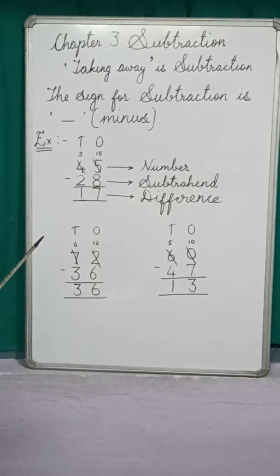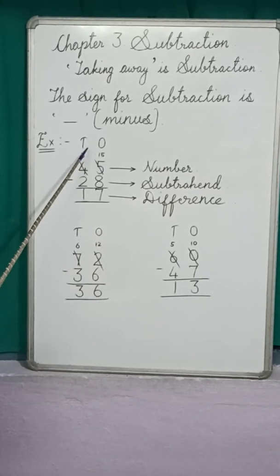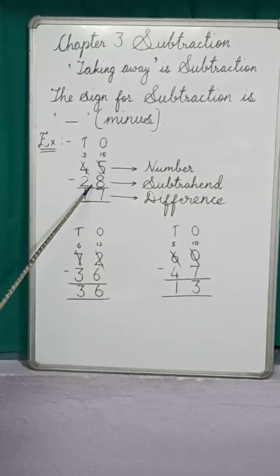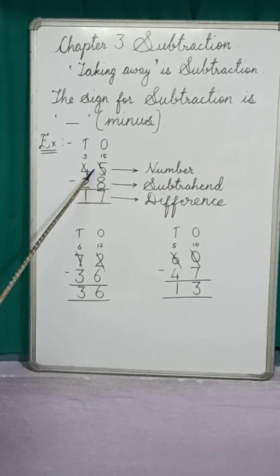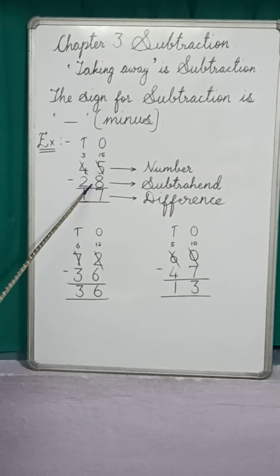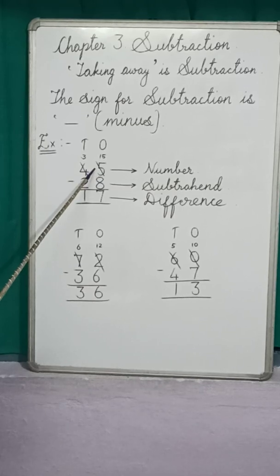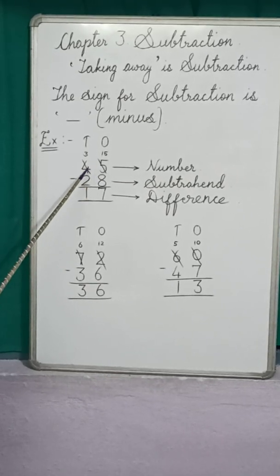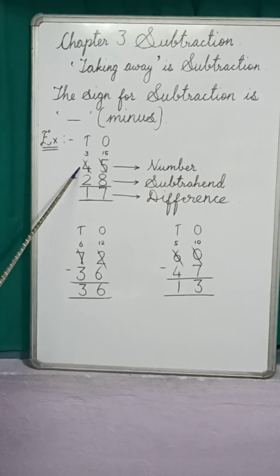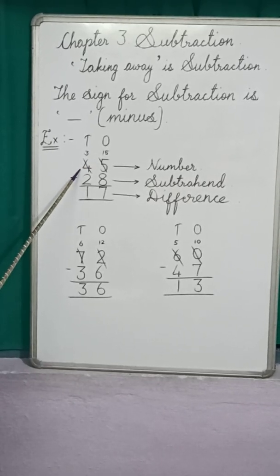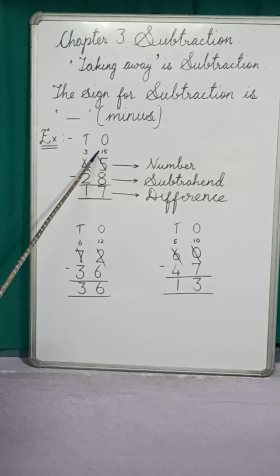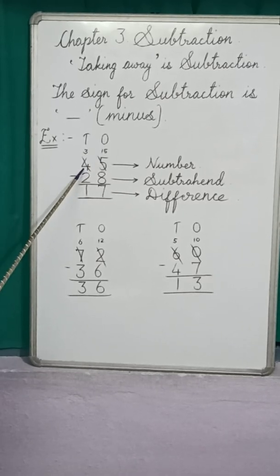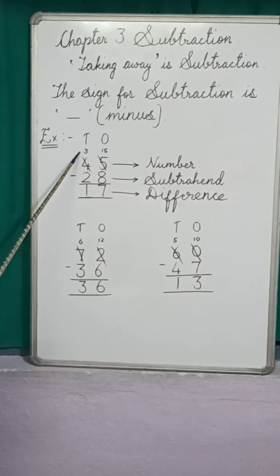Now let's solve this. In the ones place we have 5 and 8. From 5 we cannot subtract 8 because 5 is smaller than 8. So what should we do now? We'll borrow 1 ten from the tens place. So after borrowing, this 5 will become 15 and this 4 will become 3 tens here.